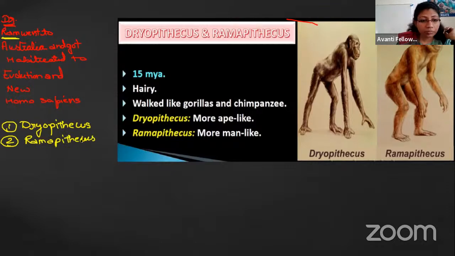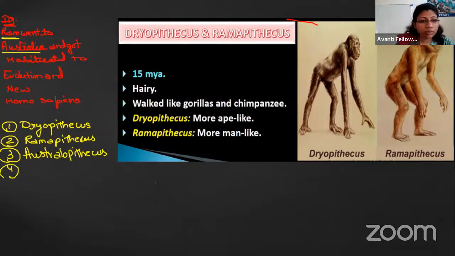The third member stands for Australia. As you can see, the name also belongs to the same name, Australia. So this individual was somehow related to Australia, which means this species was found in Australia, and their name is Australopithecus.